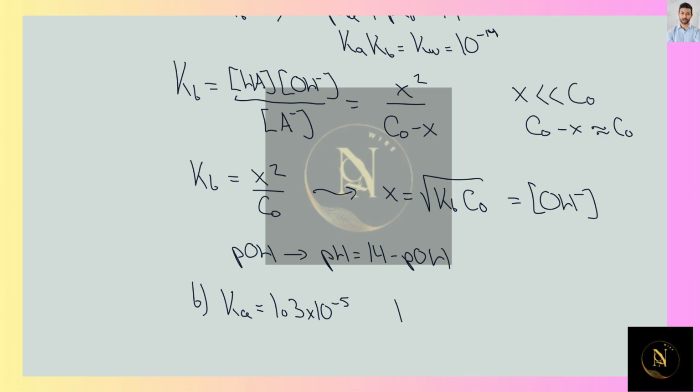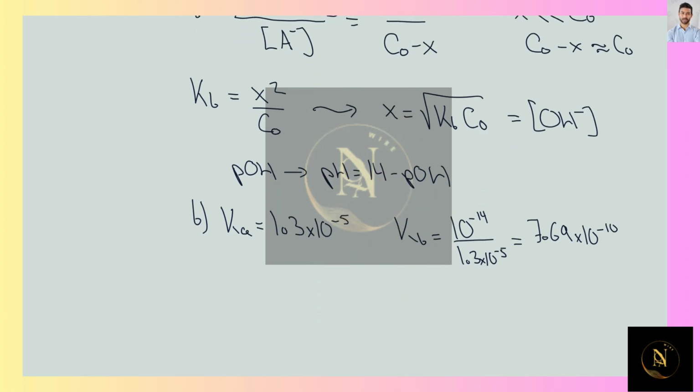This means that Kb is going to be equal to 10 to the minus 14 divided by my Ka, coming from this equation, which is 1.3 times 10 to the minus 5, giving us 7.69 times 10 to the minus 10. The initial concentration in this case, and actually in both of the cases, is going to be the same, 0.079.